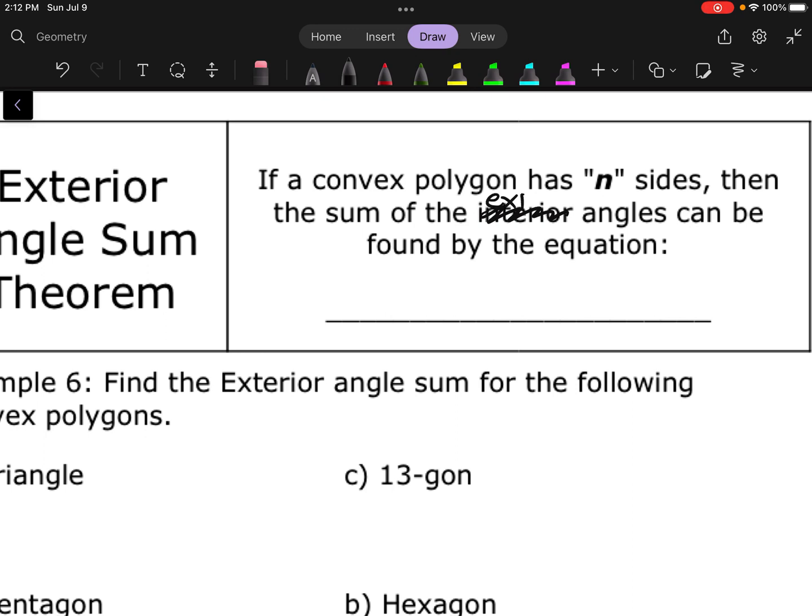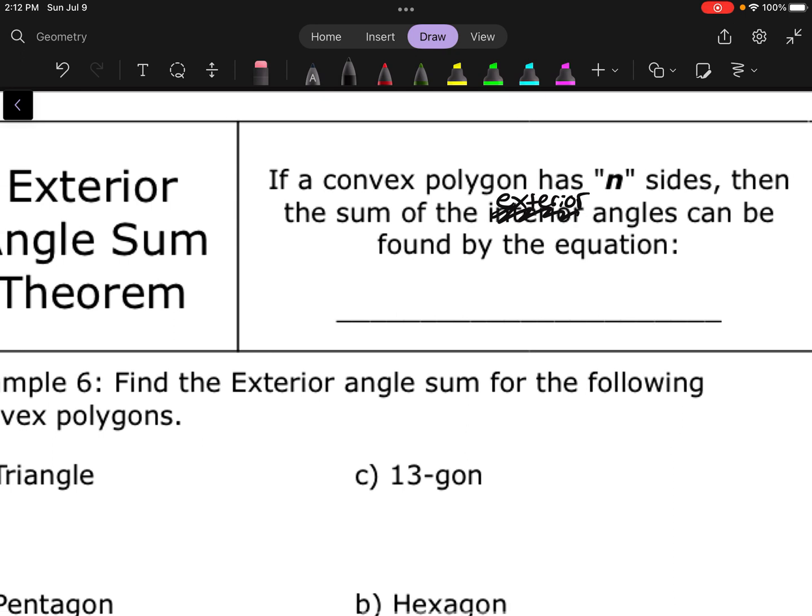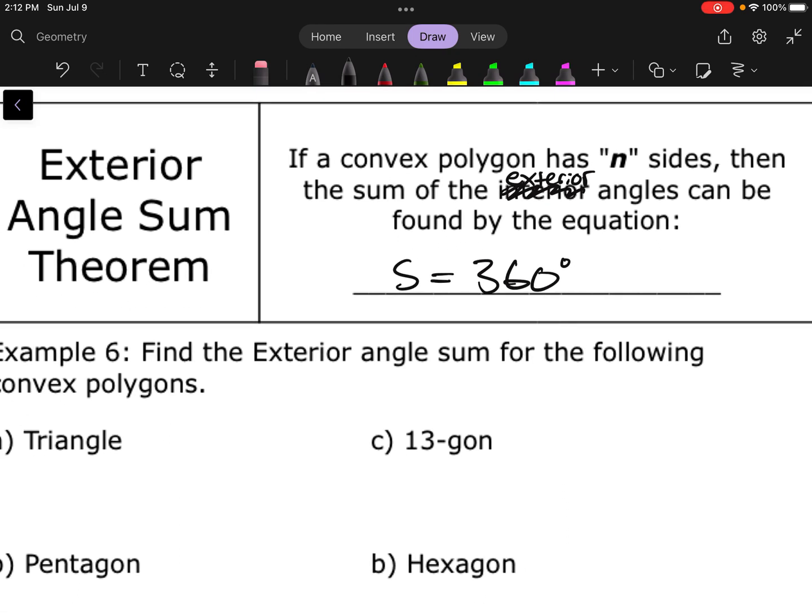Your version will have that fixed. And the sum of the exterior angles can be found by the equation S, for sum, equals 360. It's kind of strange, but the exterior angles of any polygon will always sum up to be 360.